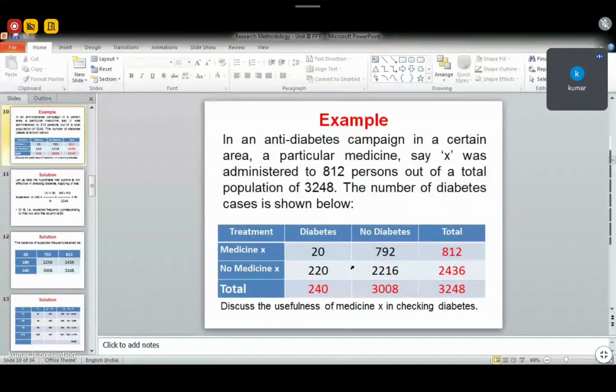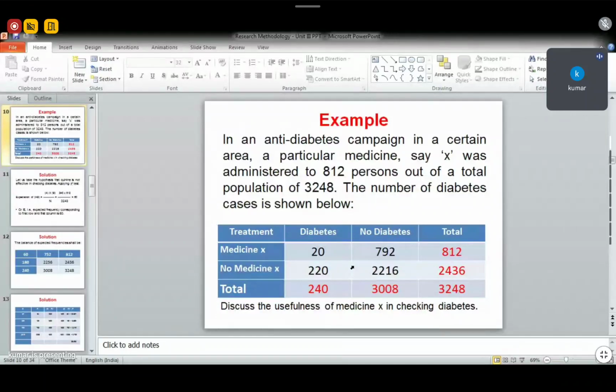Let us take the first cell, that is cell number 11. What is the value given in that cell? 20. For this 20, we have to find out the expected frequency.